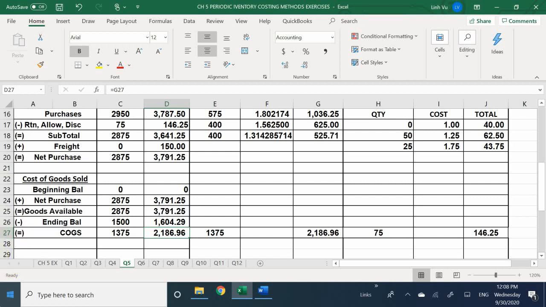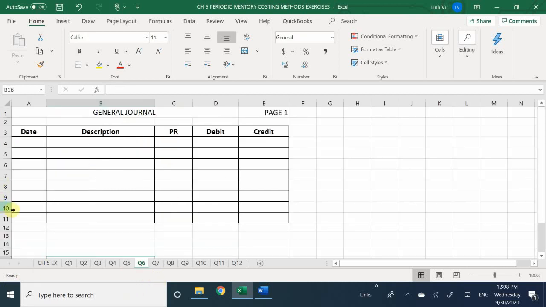All right, so now we're going to go to my journal and journalize my ending balance or my conversion entry. I know it should happen at the end of the month, so August 31st, right? We recognize that we're placing our items into inventory. We have a cost of goods sold.